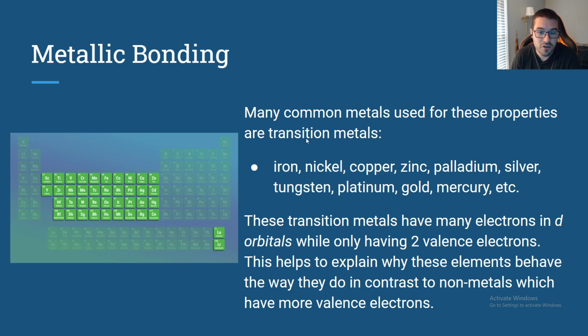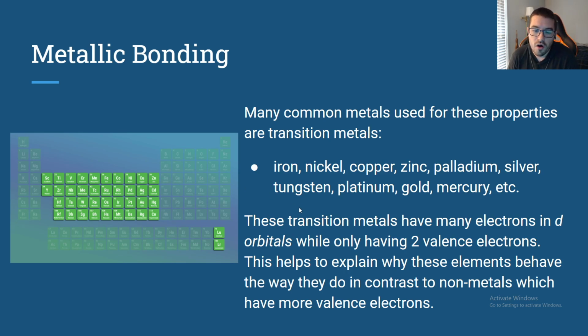A lot of times they are transition metals, okay? Let's look at a couple of these. So we have iron, nickel, copper, zinc, palladium, silver, tungsten, platinum, gold, mercury, etc. The ones that I've highlighted here are the transition metals.